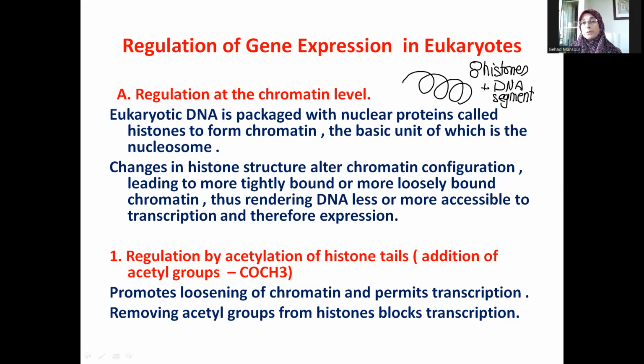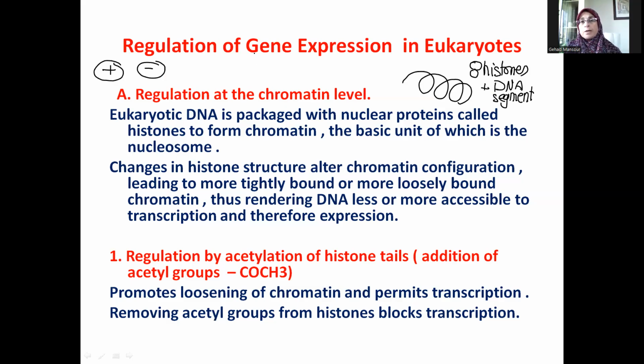Of course, you know that the histones carry a positive charge on some of their amino acid residues, and this is what allows firm attachment between the histones and the negatively charged phosphate groups. So there is an electrostatic attraction force that helps stabilization of the turns of the DNA molecule on the histones.